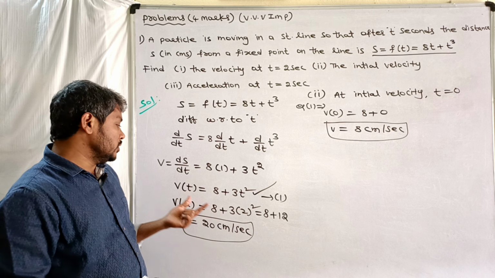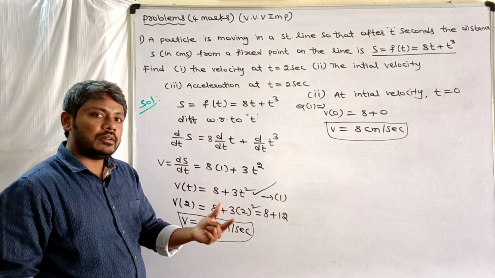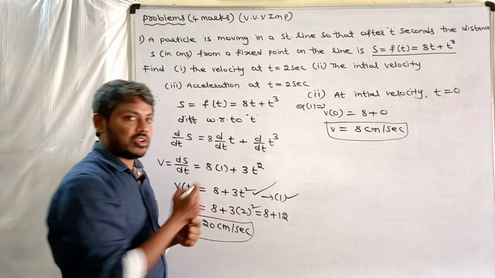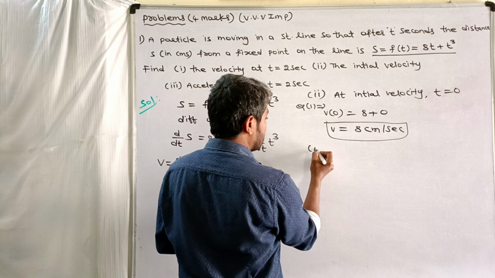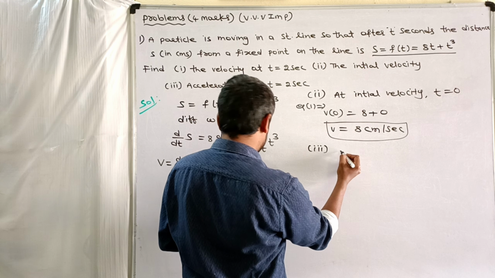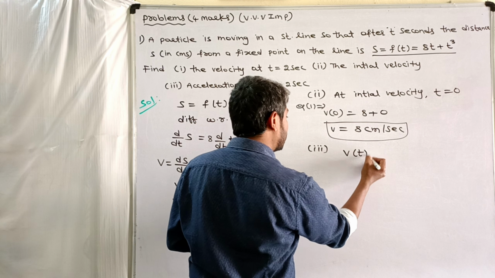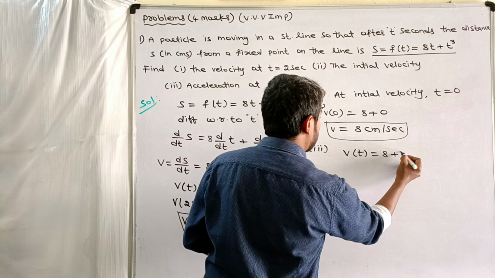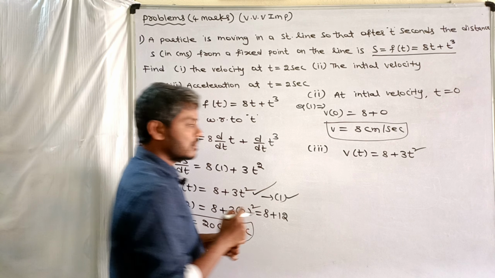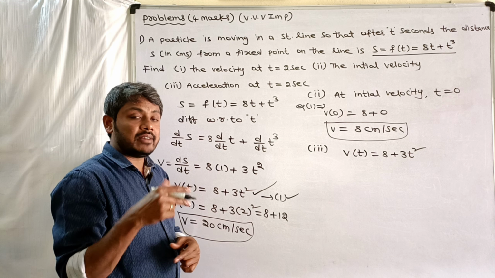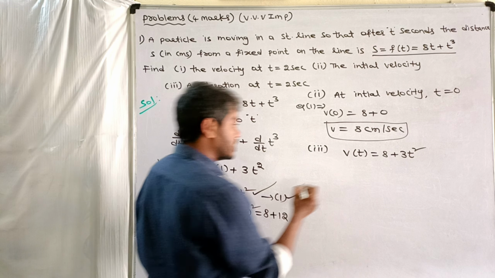Acceleration. We have to differentiate with respect to t on both sides of equation 1. Since by equation 1, velocity v of t is equal to 8 plus 3t square, again we differentiate with respect to t on both sides.